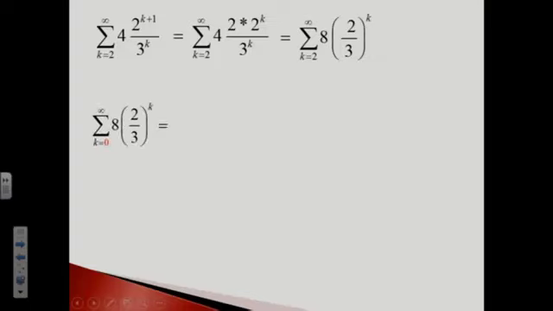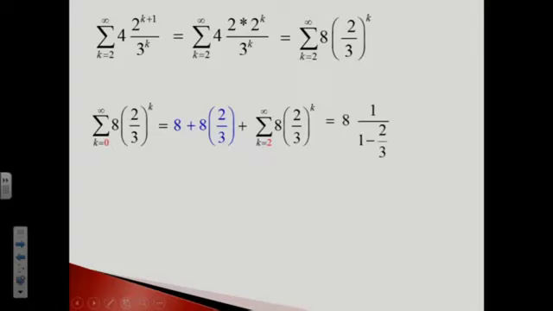The geometric series sigma k from 0 to infinity of 8 multiplied by (2/3)^k equals 8 plus 8 multiplied by 2/3 plus sigma k from 2 to infinity of 8 multiplied by (2/3)^k.